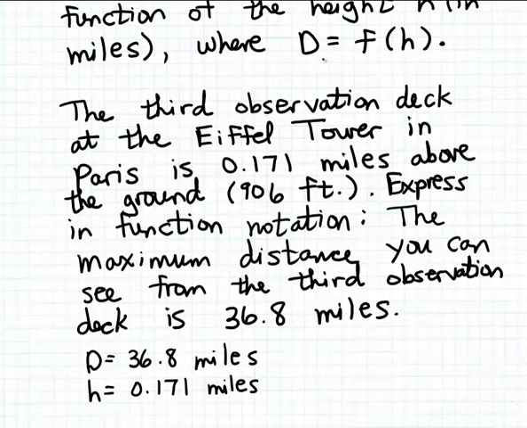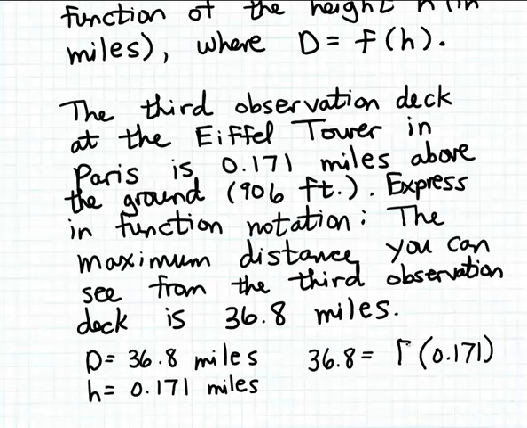All right, well, notice, again, back in our definition of the function f, we know that d is equal to f of h. d is a function of h. So we can, in this equation, substitute the values here that were given to express this statement in function notation. So in this example, the distance is 36.8. And the height, that's going to be the input in this example, is 0.171.